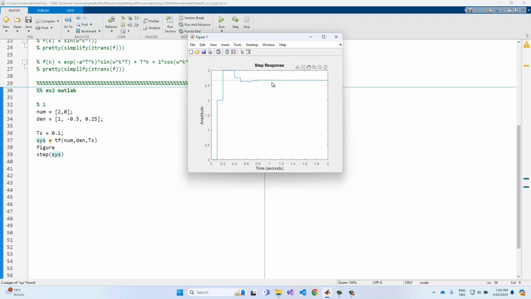Okay, and so this is the unit step response for a given discrete time signal, which is defined with the num and den values of these terms.